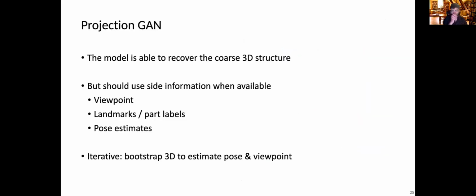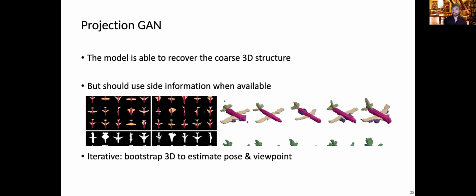In summary, these kinds of projective methods can be combined with generative models, either GANs or implicit ones, to discover 3D structure. But the quality can be improved if you know something about the viewpoints or have part annotations or pose estimates. So these methods can be combined to improve results.